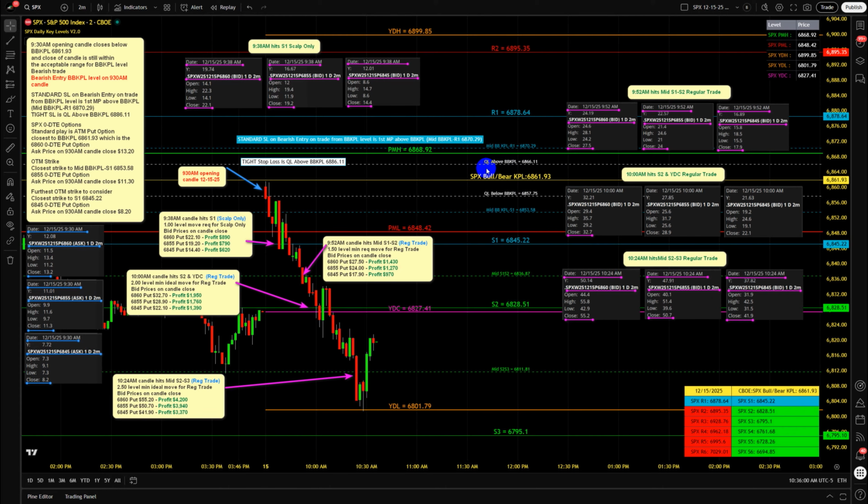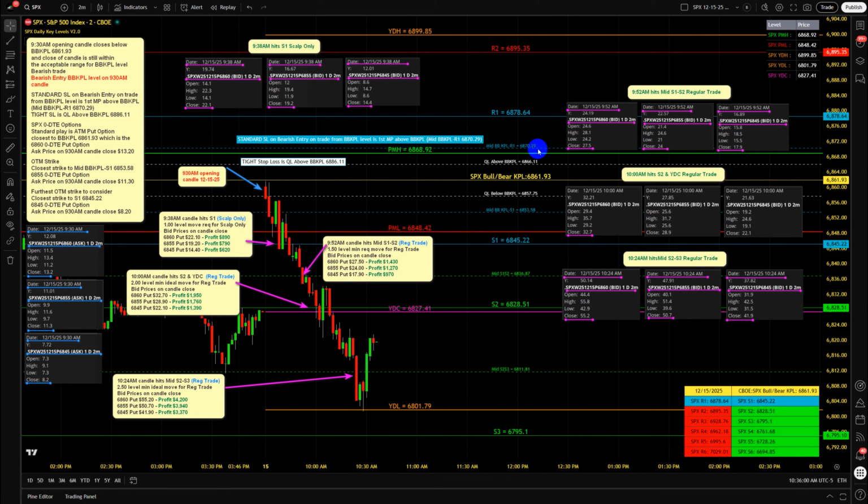So our tight stop loss is going to be the QL above the BBKPL, the level we're taking the trade from. The standard stop loss, on a bearish trade, is you look at the first midpoint above the main key level you're taking the bearish trade from. In this case, that's this level, the mid BBKPLR1, 68.7029.